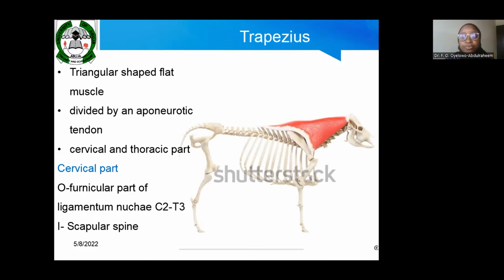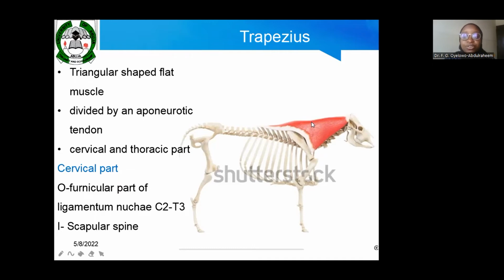This muscle is divided into cervical part and thoracic part. The cervical part originates from the funicular part of the ligamentum nuchae of the vertebral column. It originates from C2, that is the second cervical, down to the third thoracic.